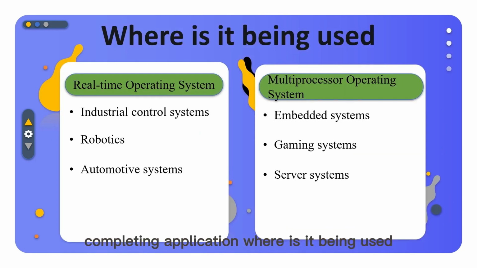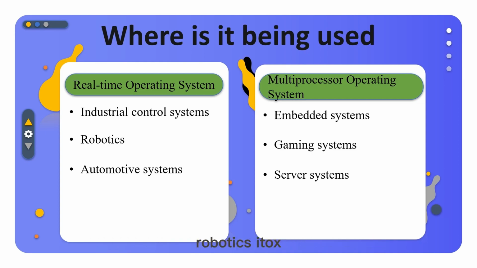Where is it being used? Industrial control systems: RTOS is used in industrial control systems such as programmable logic controllers PLC and distributed control systems DCS. These systems require precise timing and response to external events to ensure that industrial processes are executed efficiently and reliably.